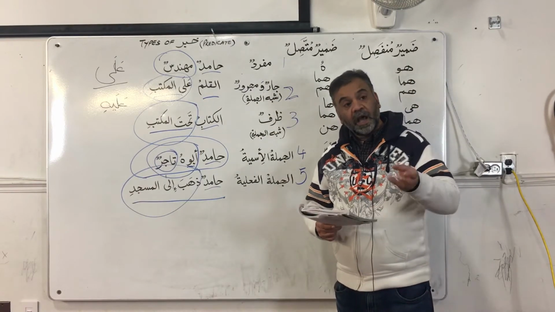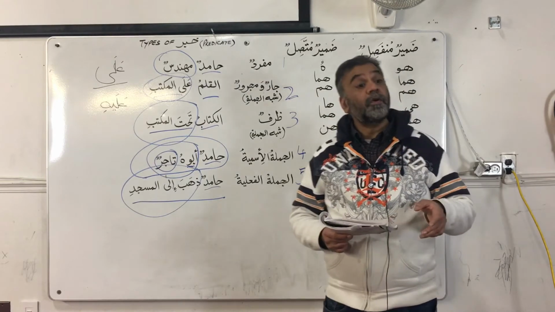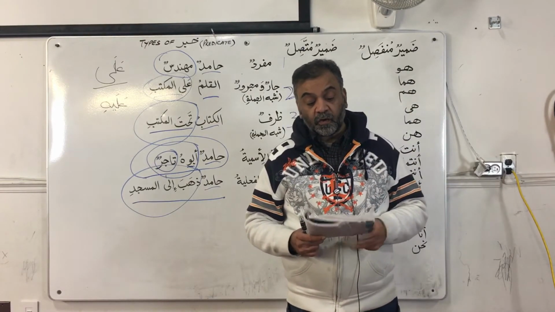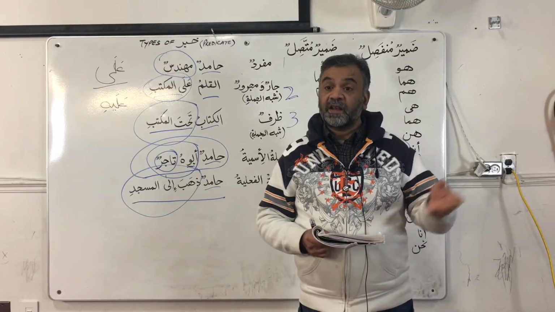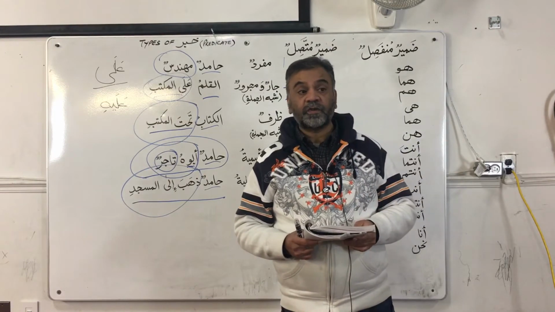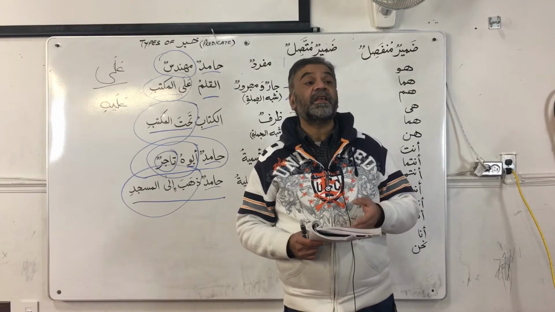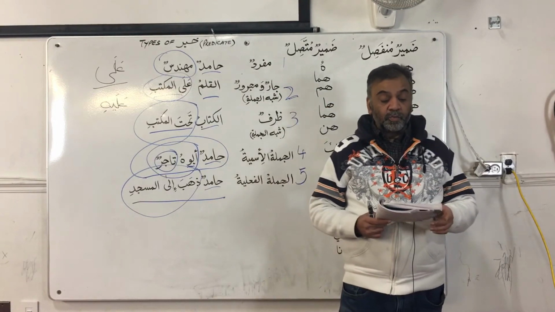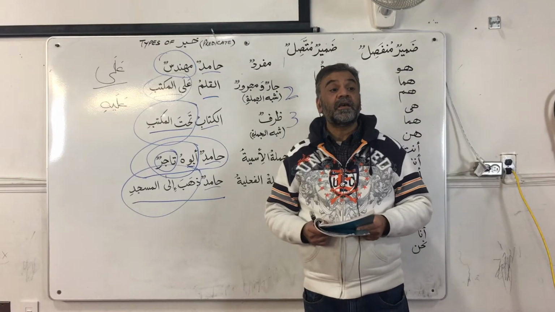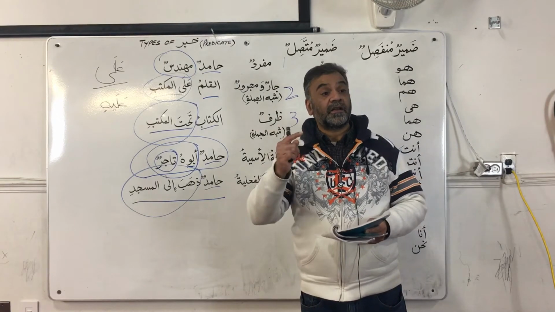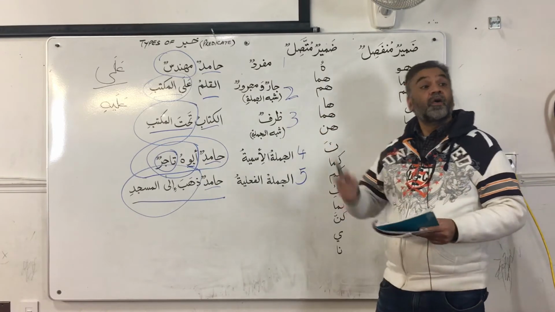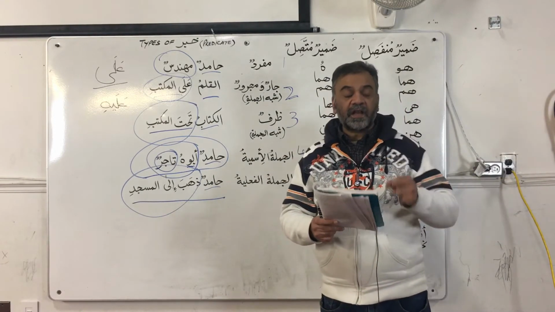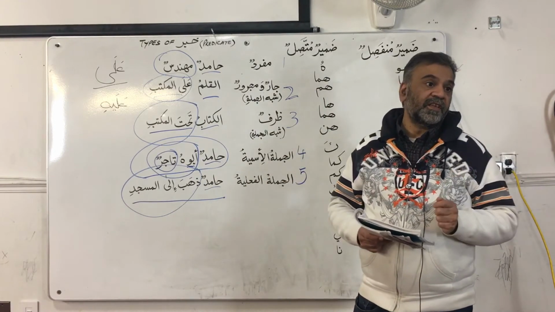Number 4, Aminatu. What about Amina? Fil ghurfati. Amina is in the room. Ghurfatu or ghurfat means room. Wa ummu, and I want to say her mother. So, I say ummuha, and her mother fil matbakhi is in the kitchen.